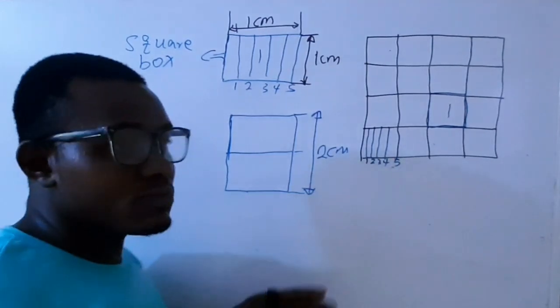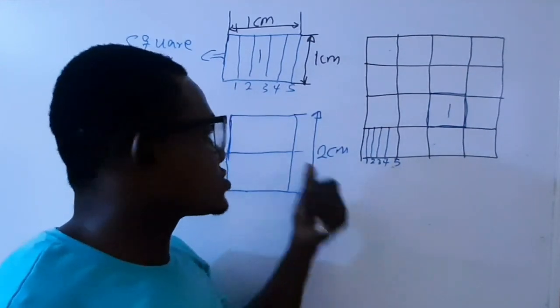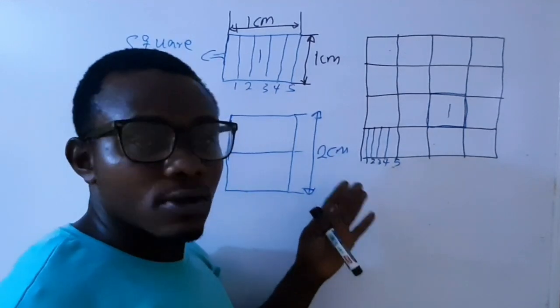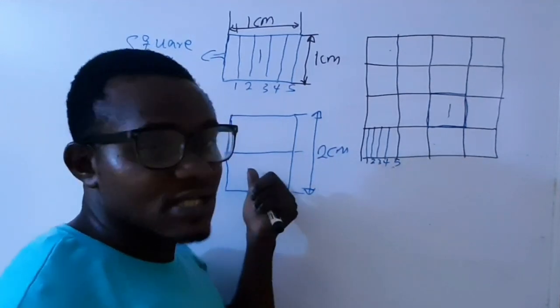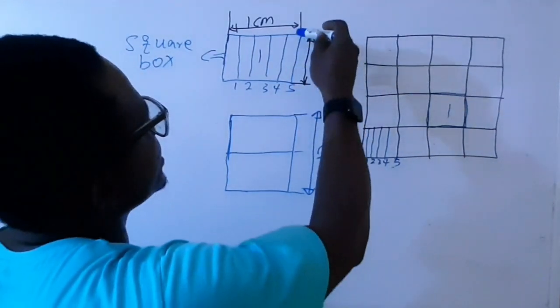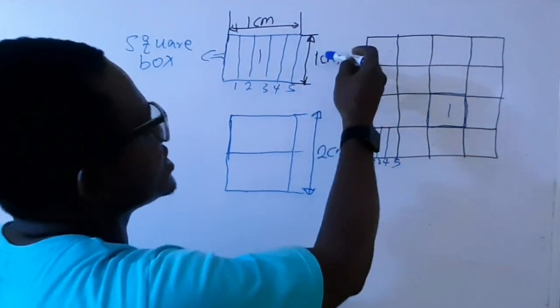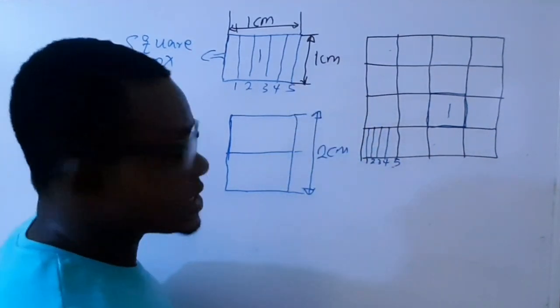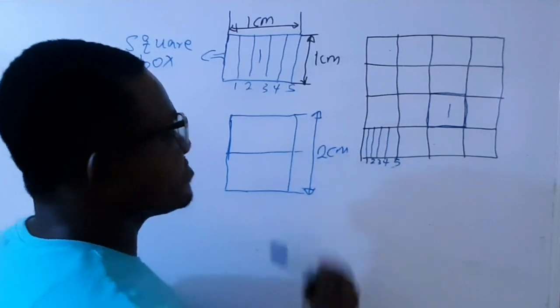By the time you begin to plot your values on the graph, it will be easier for you to point it out by understanding all this that I'm explaining. From here to here is 1 centimeter. If I now have 2 square boxes together, it will give me what? It will give me 2 centimeter.